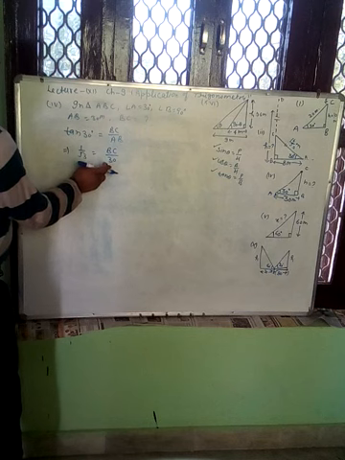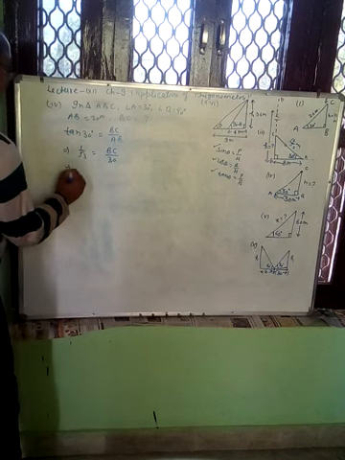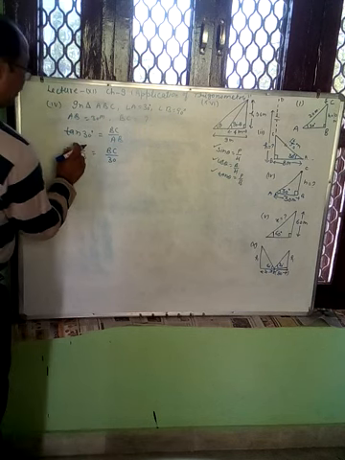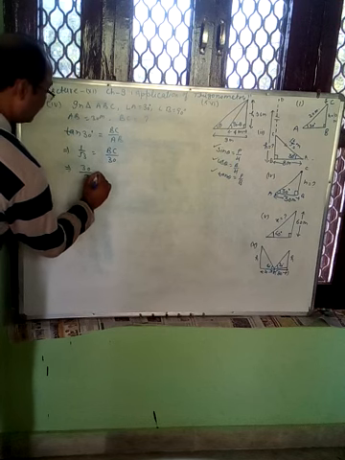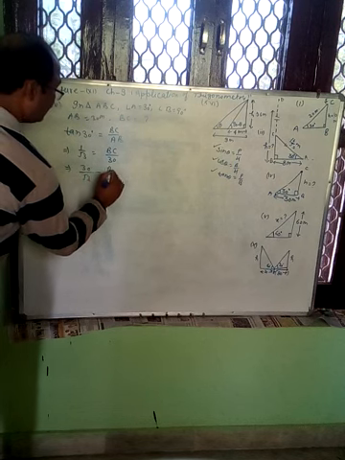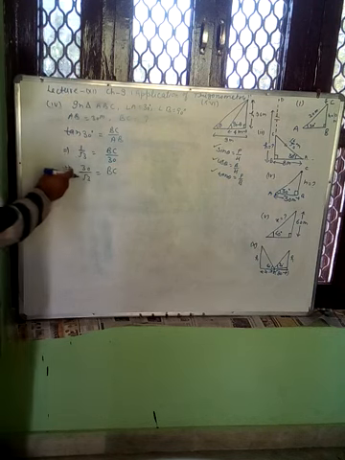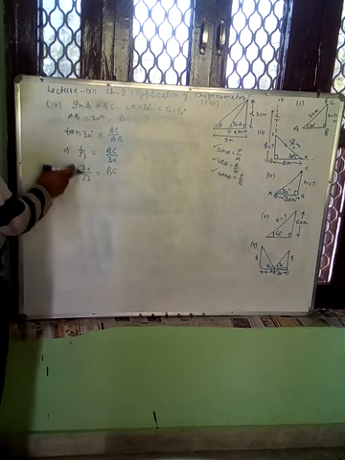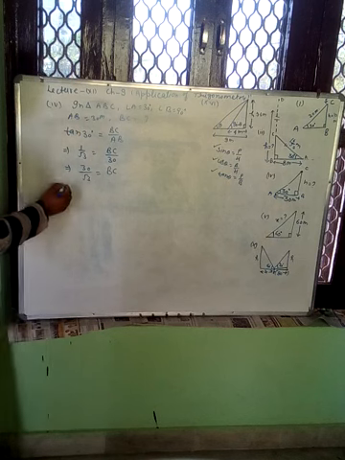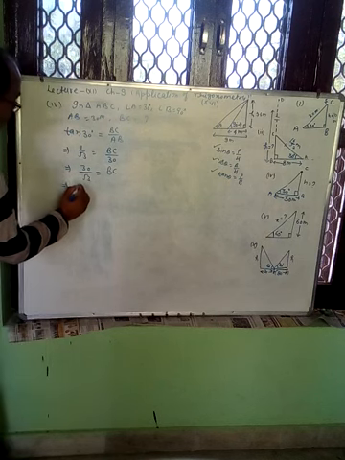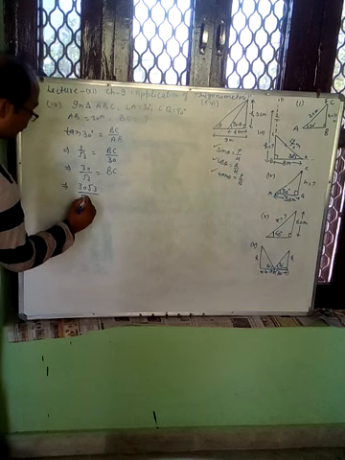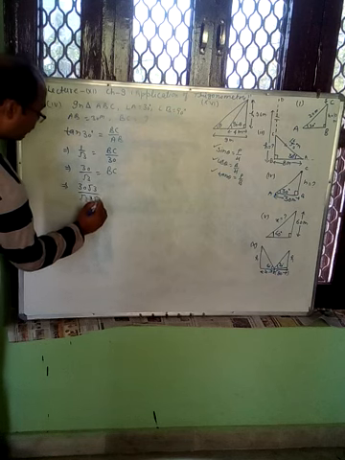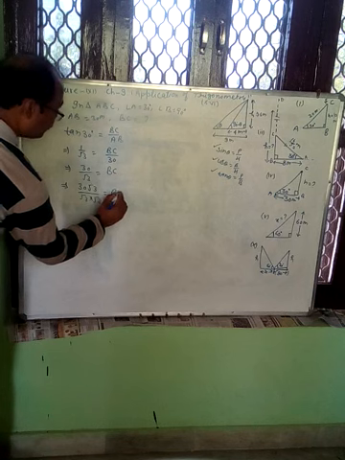Okay. Then by cross multiplying, 30 multiplied by 1, that is 30 upon root 3, is equal to BC. Now multiply in numerator and denominator by root 3. This is 30 into root 3 upon root 3 into root 3, equal to BC.